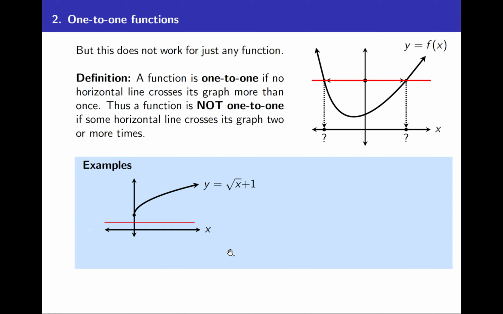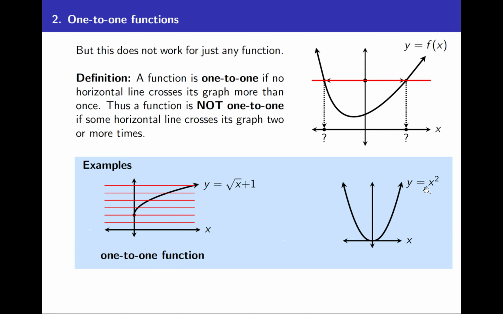Notice that if you take horizontal lines, either they'll cross the graph not at all, in other words, 0 times, or exactly once. So this would be a one-to-one function. No horizontal line crosses the graph more than once.